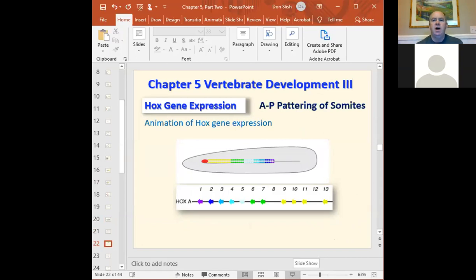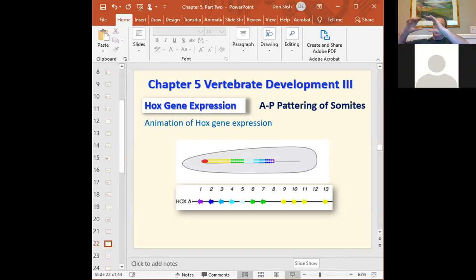So here I'm trying to show how that Hox gene expression gets patterned into a somite. So you've got your node, your pre-somitic mesoderm moving in this direction, or the wave of that moving in this direction. The cells are staying there. But as that node and pre-somitic mesoderm is moving in one direction, you get a wave of activation of Hox genes going past it, wave after wave of Hox genes going past.